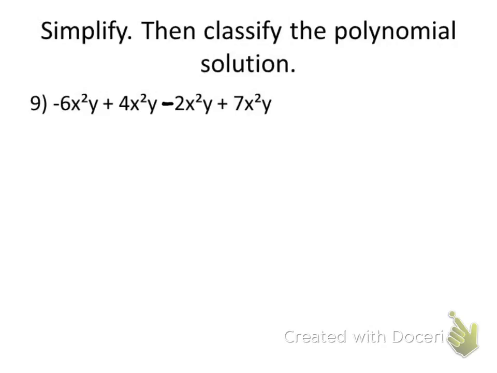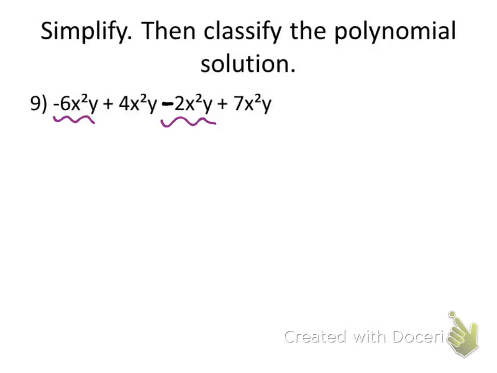So we have negative 6x squared y plus 4x squared y minus 2x squared y plus 7x squared y. We will start with the x squared y terms. So what's going to go with that first term? The negative 2x squared y.